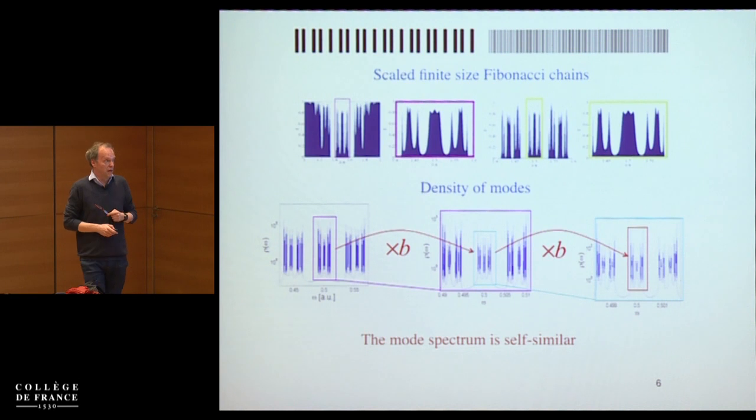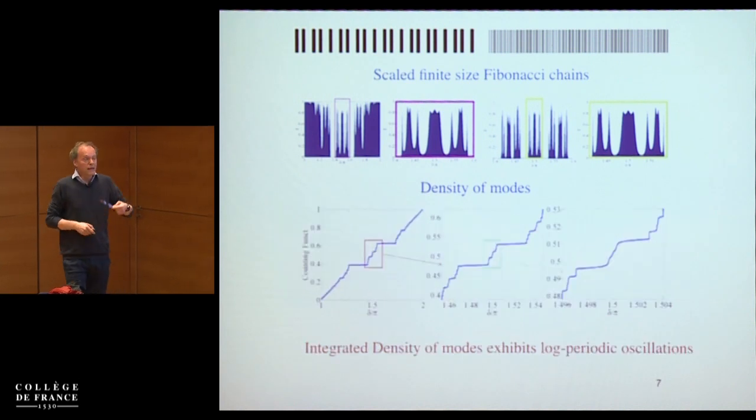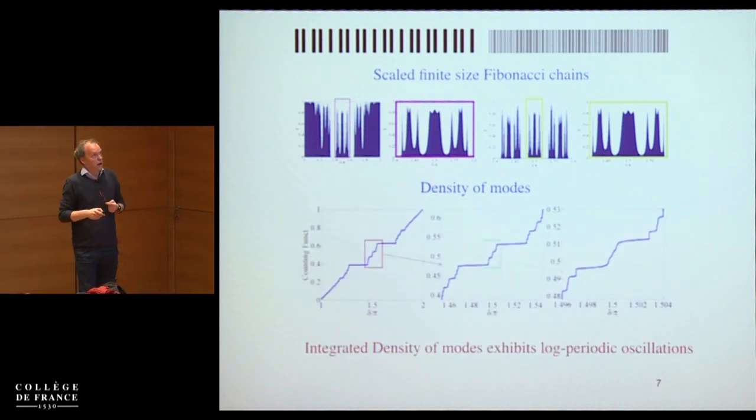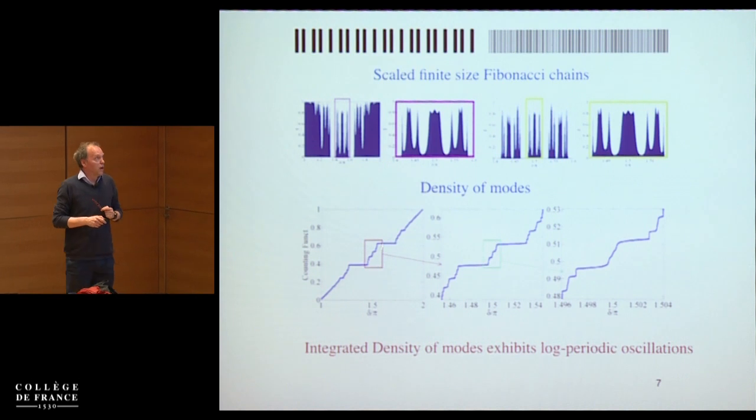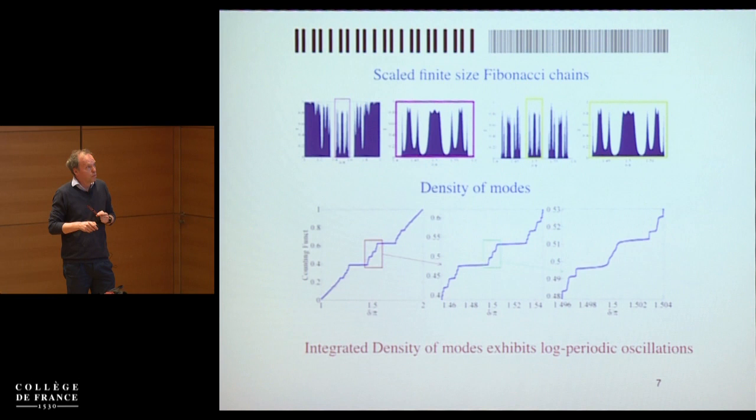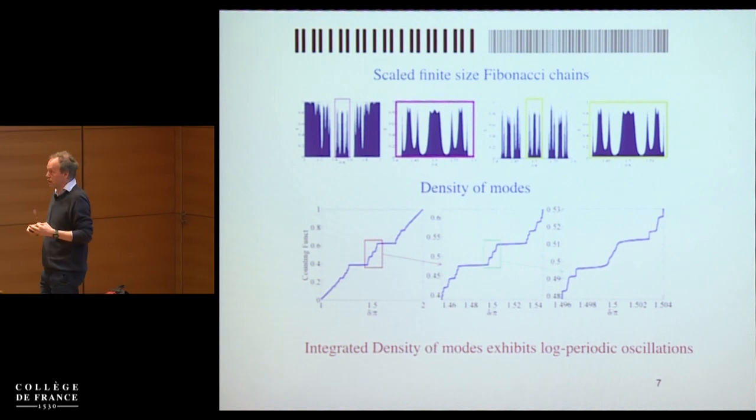If we look at the integrated density of states, the integral of this, we have this kind of devil's staircase picture, and again, if we zoom in, we get exactly the same structure. If we zoom in again, we get exactly the same structure, and eventually, as expected, we see some effects of finite size.